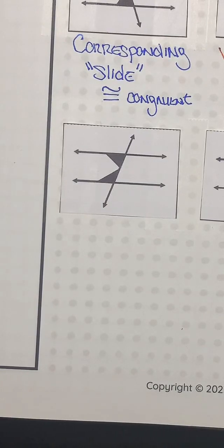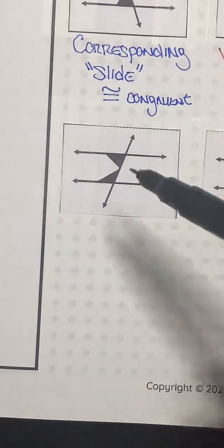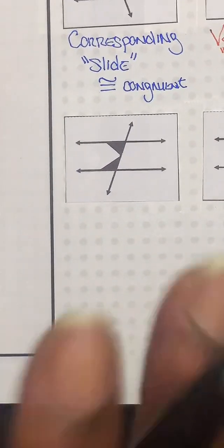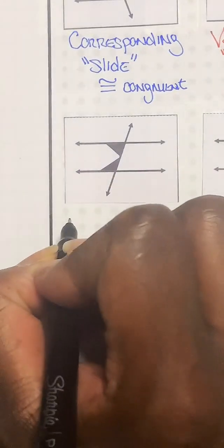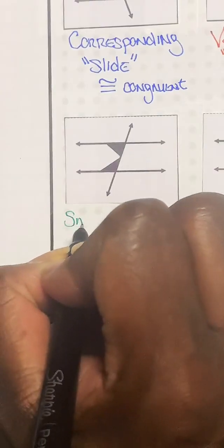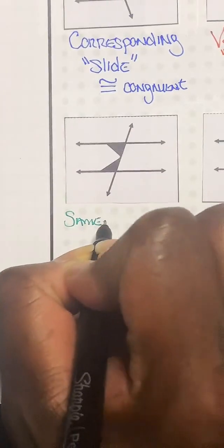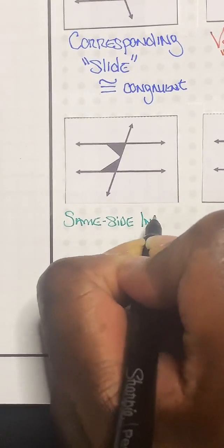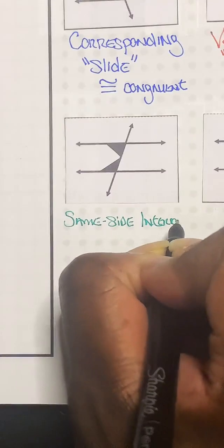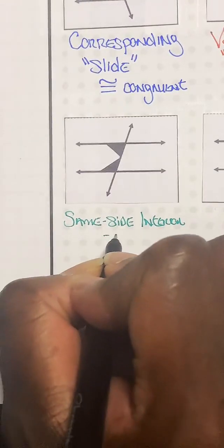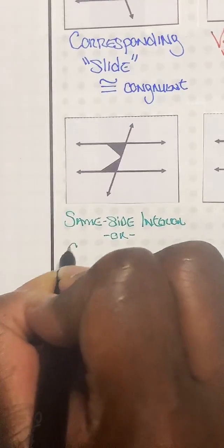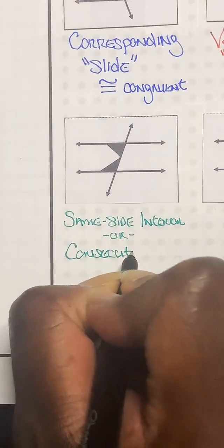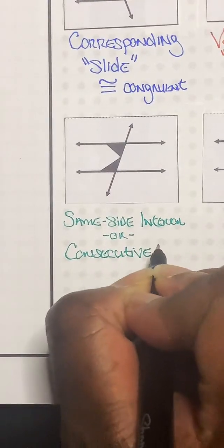So yes, they're same side angles. They're same side interior angles. And for some reason, there are two names for this. We can either call them same side interior, or some people like to call them consecutive interior angles.